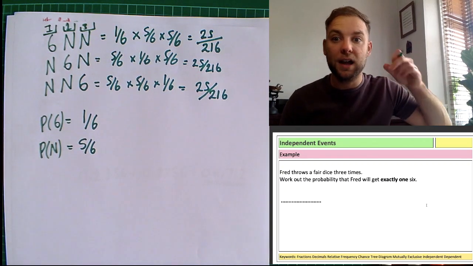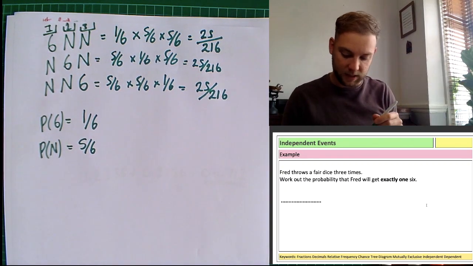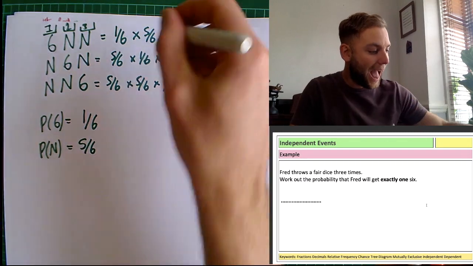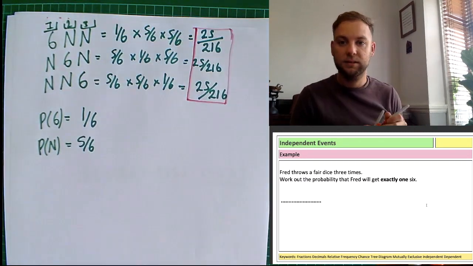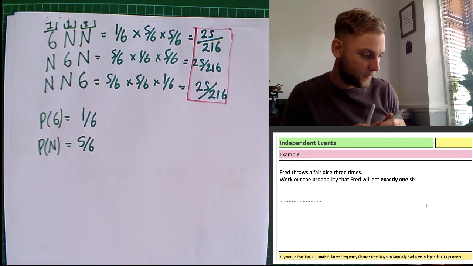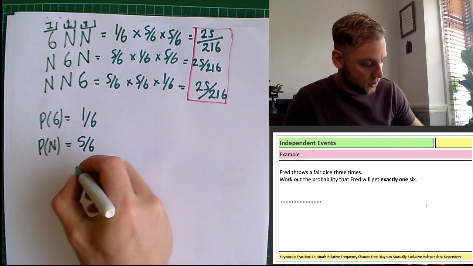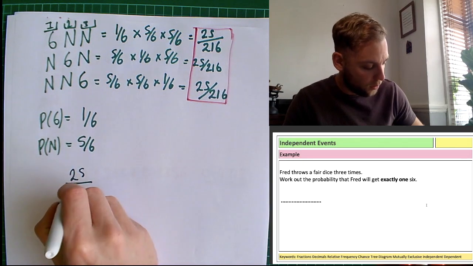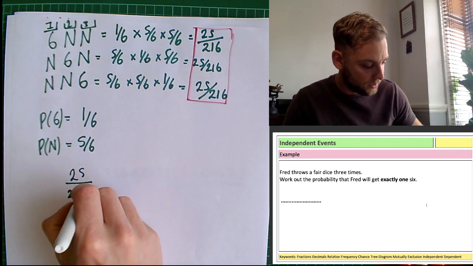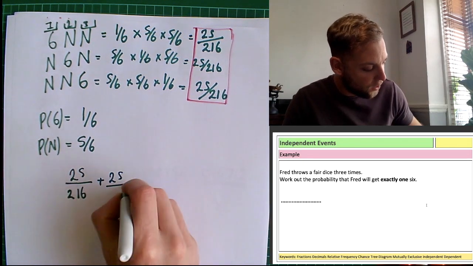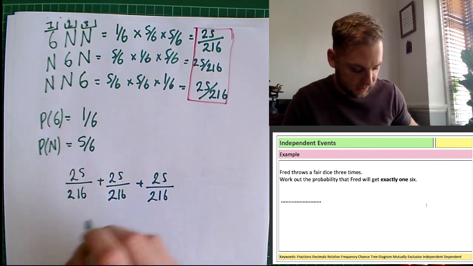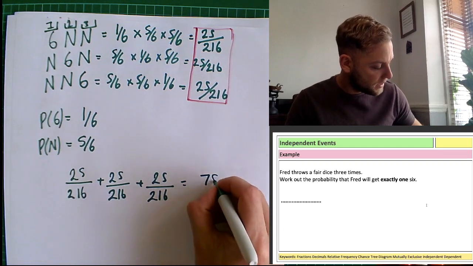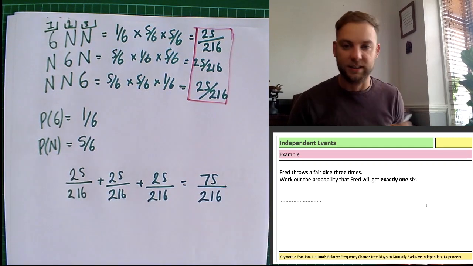So then to work out the probability of all of these things happening, what we need to do is add these 3 together, because these are mutually exclusive events. Okay, so it is getting trickier now. So that's equal to 25 over 216 plus 25 over 216 plus 25 over 216, which is equal to 75 over 216.